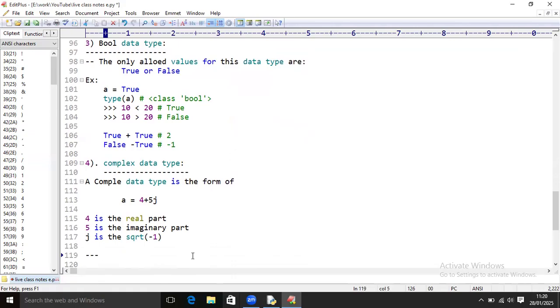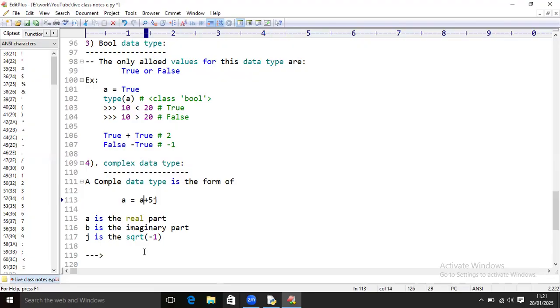So here I'm going to write the notes for that. Instead of A5, let's take here B. Instead of 4, let's take A. We can take any value.